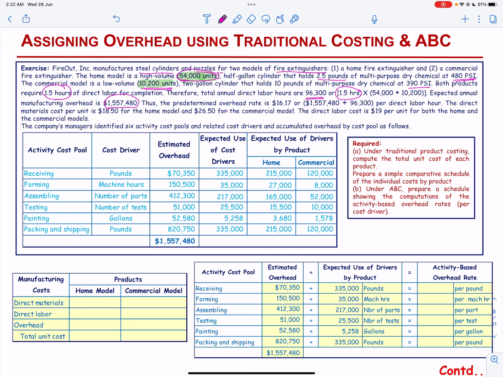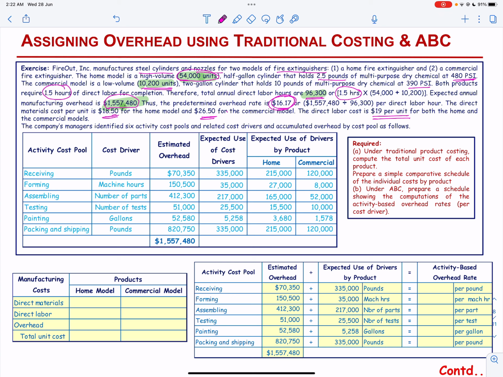Thus, the predetermined overhead rate will be 1,557,480 divided by 96,300, that gives us 16.17 per direct labor hour. The direct material cost per unit is 18.5 for the home model and 26.5 for the commercial model. The direct labor cost is 19 per unit for both the home and the commercial models.